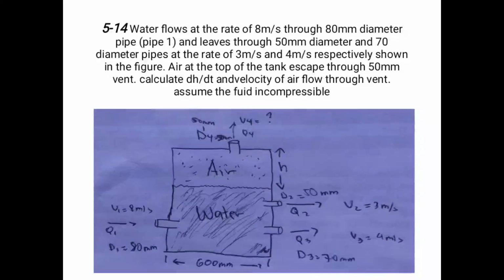Air at the top of the tank escapes through a 50 mm vent. Calculate the change of height and the velocity of airflow through the vent. Assume the fluid is incompressible.